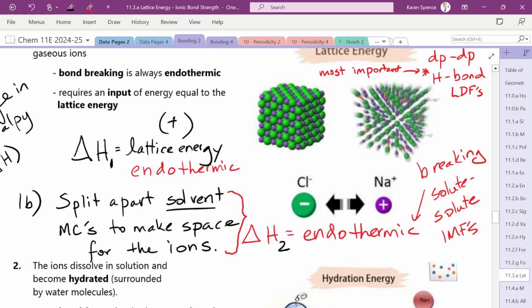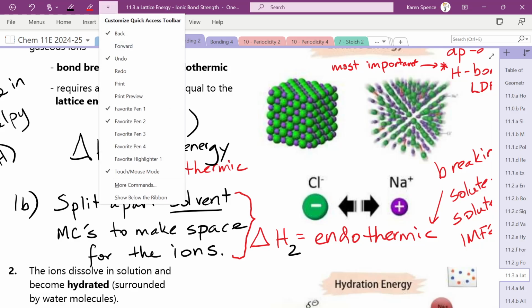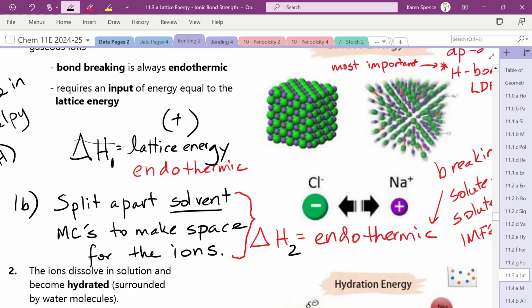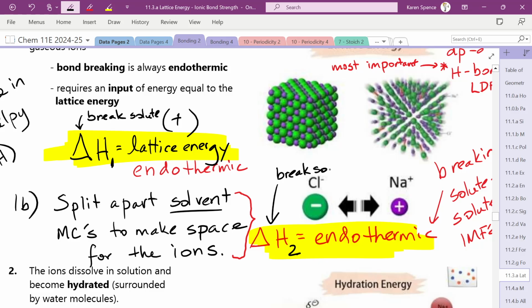So we have delta H of the lattice energy. And then we have the breaking apart of the solute, breaking apart of the solvent. Break the solute, break the solvent. And then put them together.